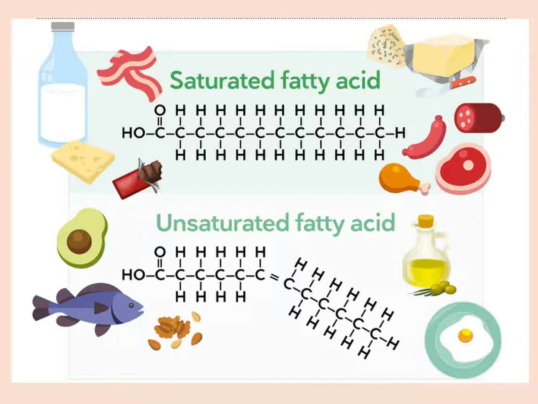So something that you would see as a solid fat, like your butter or bacon fat, that would be a saturated fat. Something more liquid at room temperature, like oils, is an unsaturated fat. If you see on food labels that something has been hydrogenated, that basically means they took an unsaturated fat and forced hydrogen into it to make it a saturated fat. Something like margarine is like that.